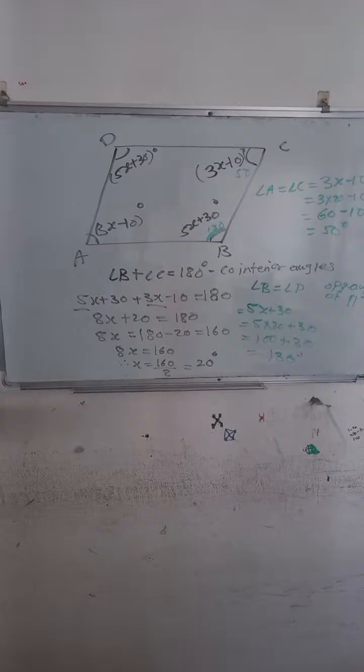Adjacent angles of the parallelogram are in the ratio of 2:7. Find the values of all the angles.